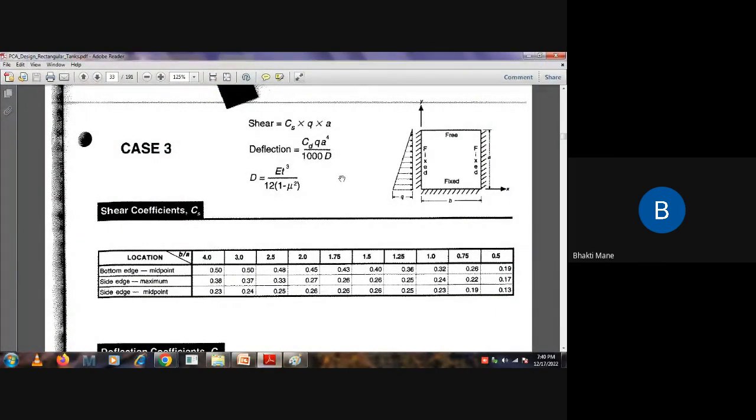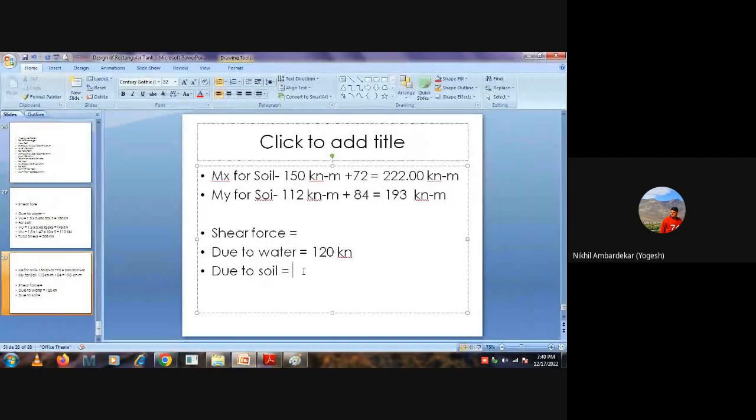Let me check. 132. Is it only 132? Sir, I have fixed my calculator, so it is 132. No, no. But again, kilonewton.